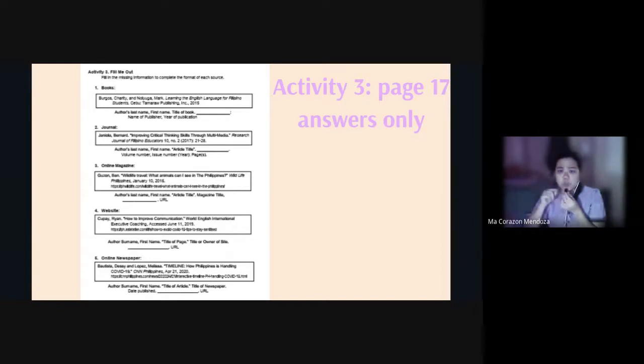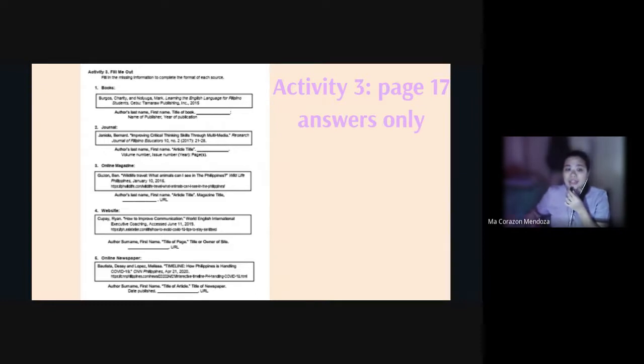Now, this one, you will also write answers only. Let me explain how you will answer this. You're going to fill in the missing information to complete the format of each source. Remember earlier, we studied the format of sources like books, journal, online magazine, website, online newspaper. So what are you going to do?